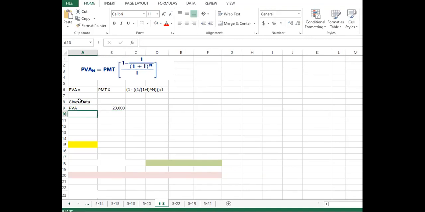This is the loan amount. Interest: here you can see that 12% interest is given, but the payment is on a monthly basis, so we should divide it by 12. N is 5 years, so 5 multiplied by 12 because we have 12 months in a year, so N is 60. And PMT is required.